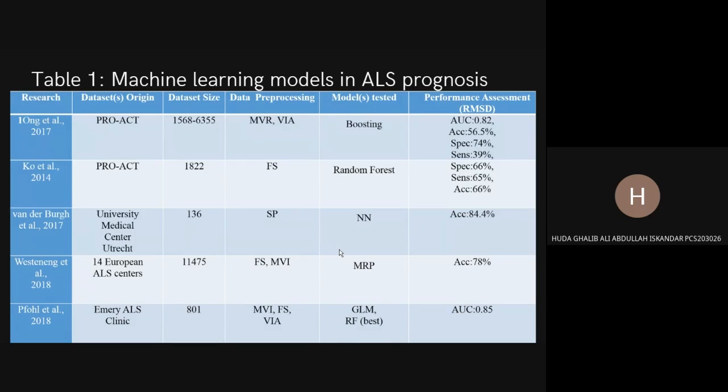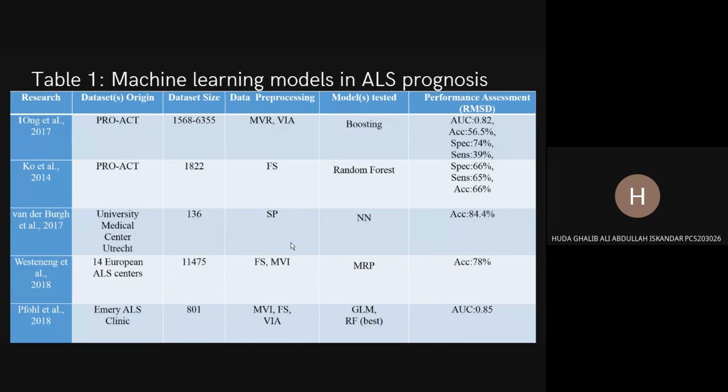For the data pre-processing, many techniques were used in the researches, such as missing value removal, value importance analysis, feature selection, and missing value imputation, and so on.